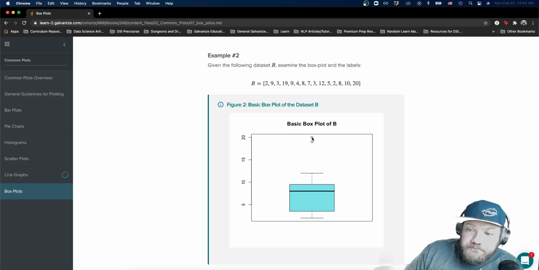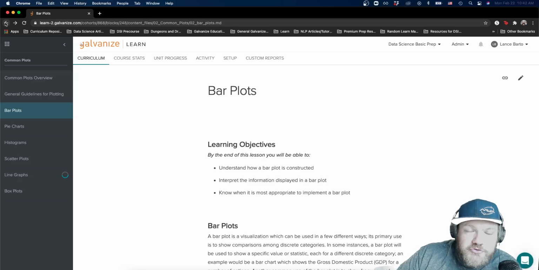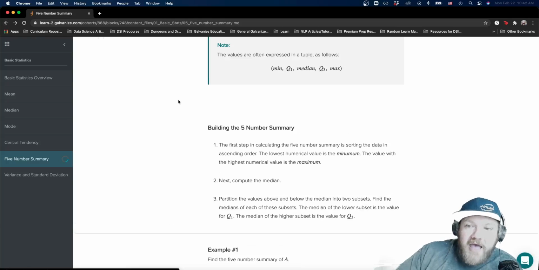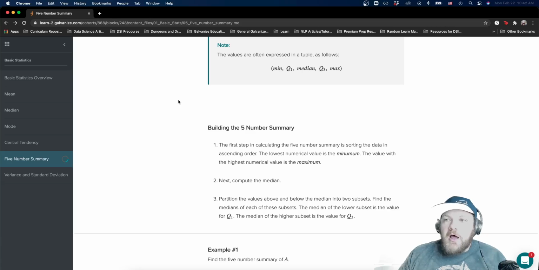But again, I can really see the distribution of this data. Like, yes, my max is 20, but almost all of my data is centered at less than 10 or less than 12, right? So these 5-number summaries can be really valuable to us to describe how a data set is distributed, right?